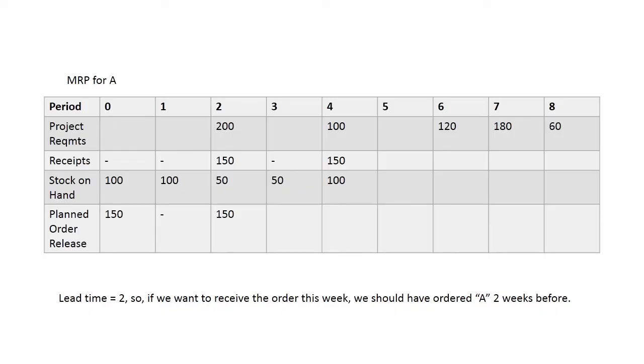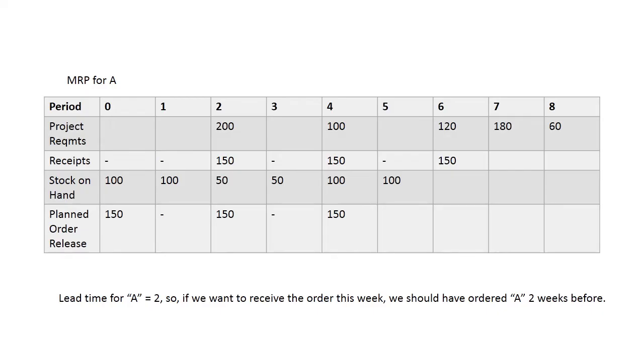So at the end of the fourth week we have stock on hand of 100, and the stock on hand is carried over to the next week. In the sixth week we need 120, but we have only 100. We need to make an order of 150 units, which must be placed in the fourth week.